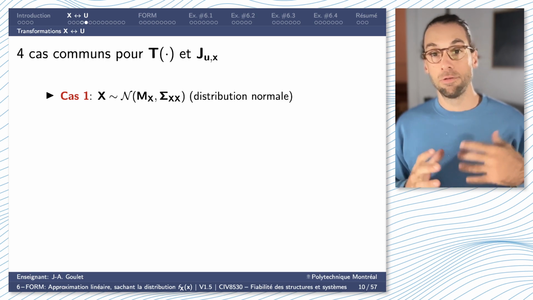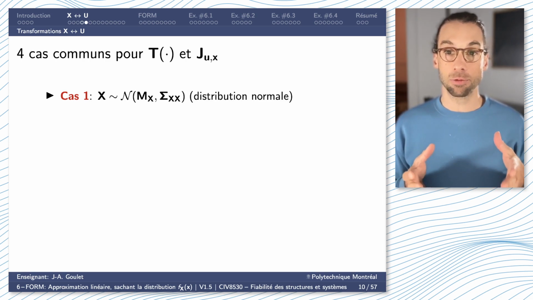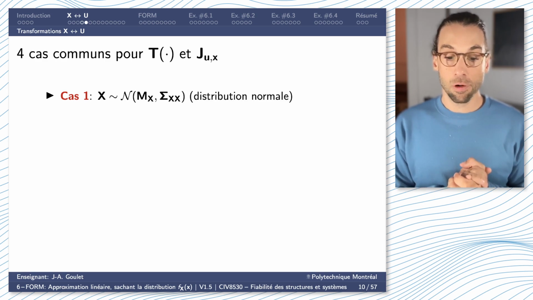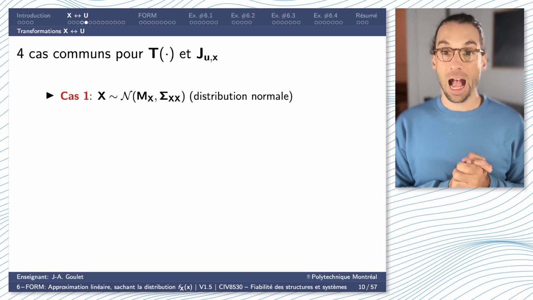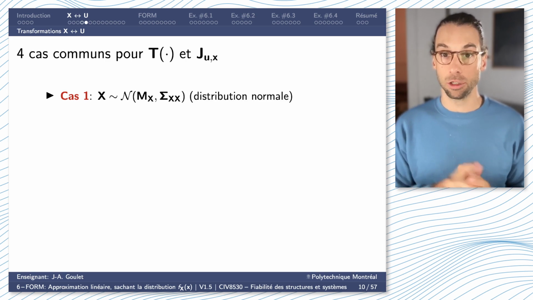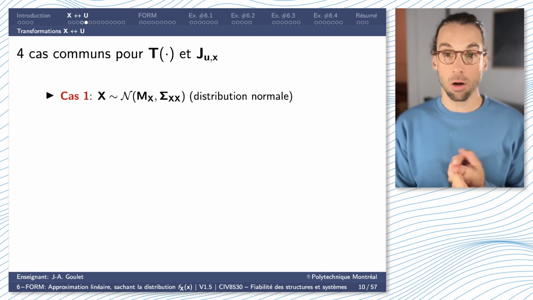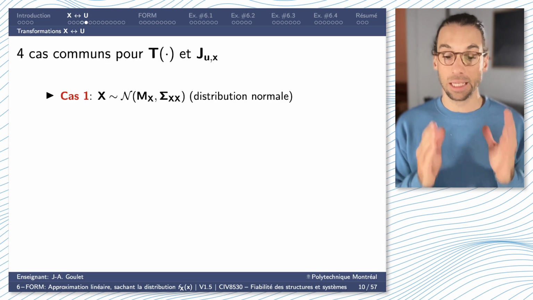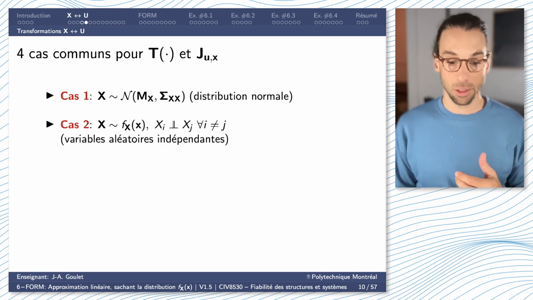Now we're going to see the four common cases we're going to need in the context of reliability theory for our transformation function as well as for our Jacobian. The first one is where our random vector follows a Gaussian distribution, so multivariate normal.